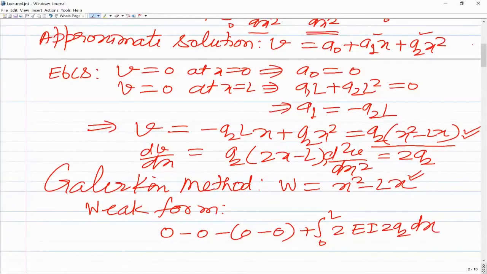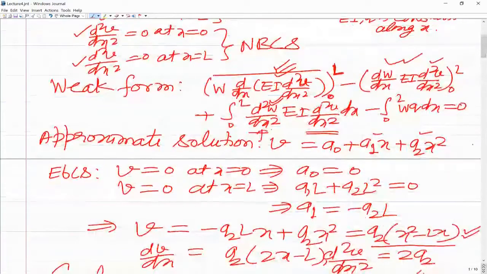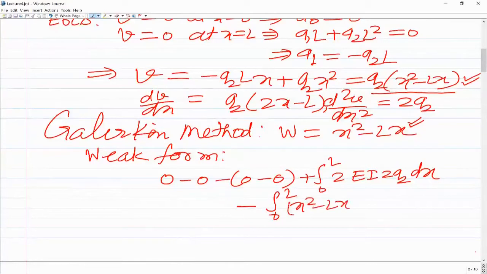So this is the term d2w by dx square into EI into d2v by dx square. Then we have minus integral 0 to L of w, which is x square minus lx, into q dx, and this whole thing equal to 0. That's basically the weak form.